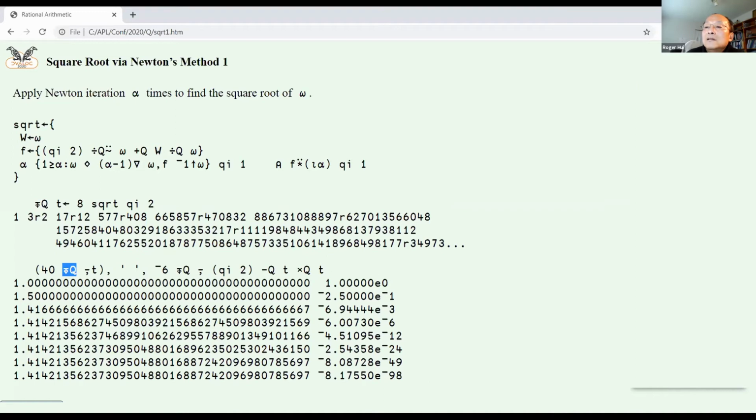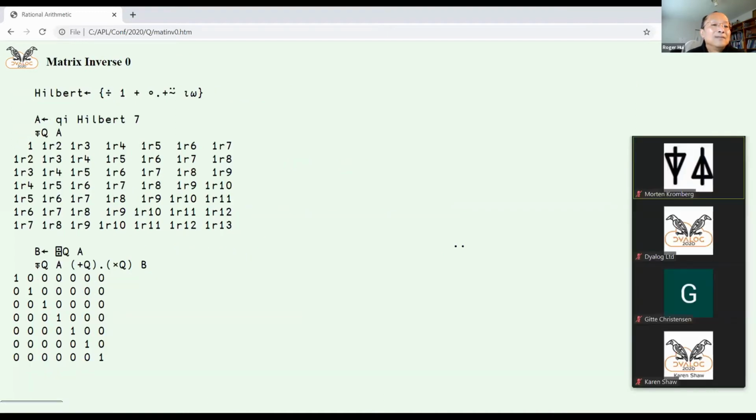Okay, next, matrix inverse. This is a particularly annoying thing when working with floating point numbers: matrix inverse or matrix divide. You go through all sorts of contortions, and in your algorithm, when you get a zero, or a very small number, you have to wonder, is this truly a zero or is that just a small number?